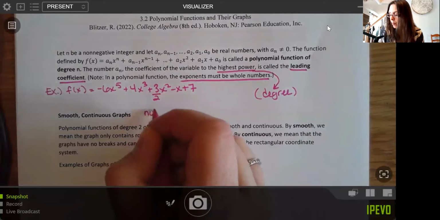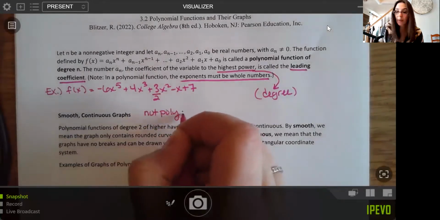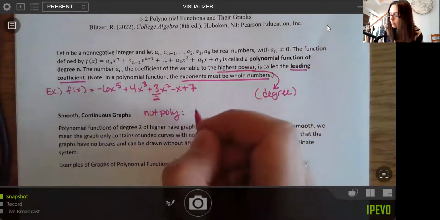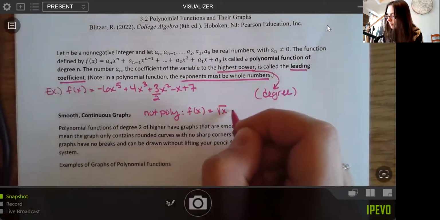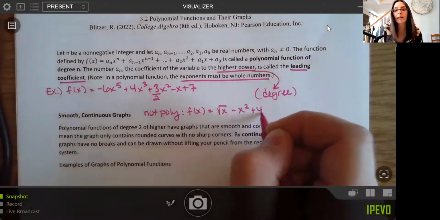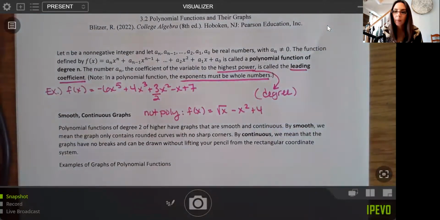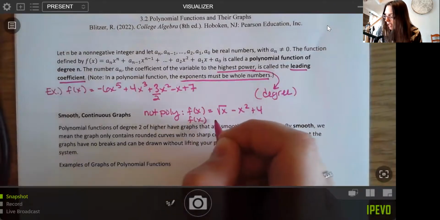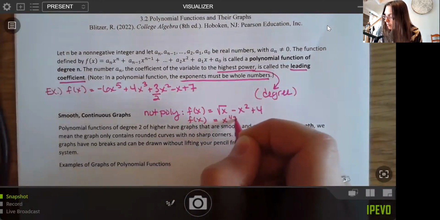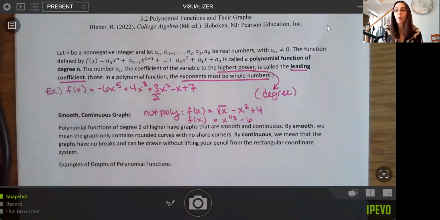Something that is not a polynomial, for instance, or a couple things. Let's say you had the square root of x minus x squared plus 4. That's square root of x, not a polynomial. Or maybe if you had something like x to the 1/3 power, again, not a polynomial. 1/3 is also the same thing as a root.